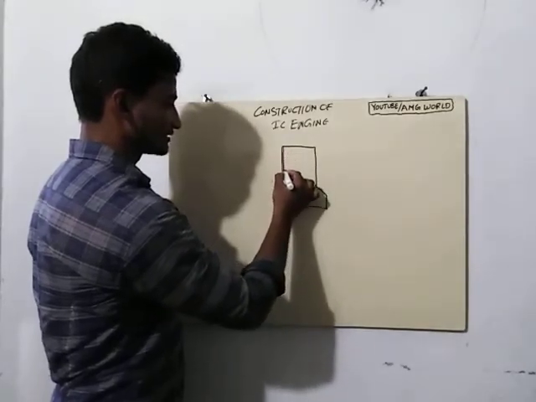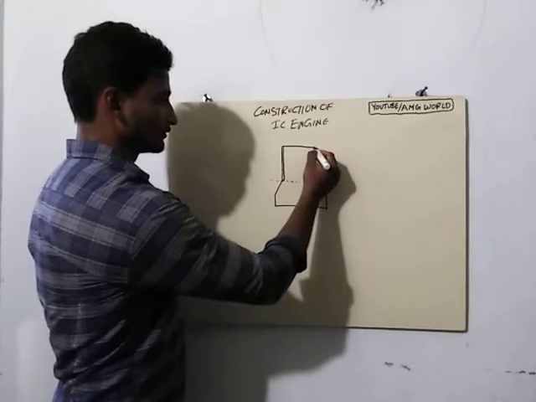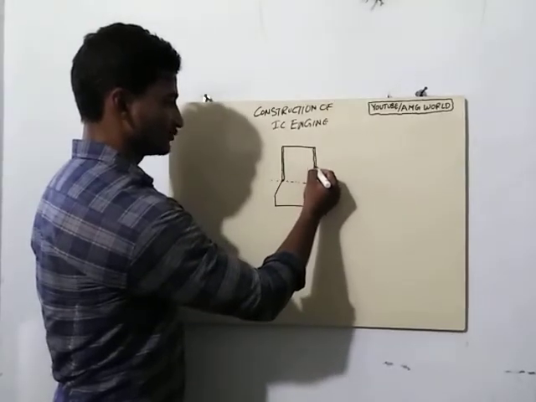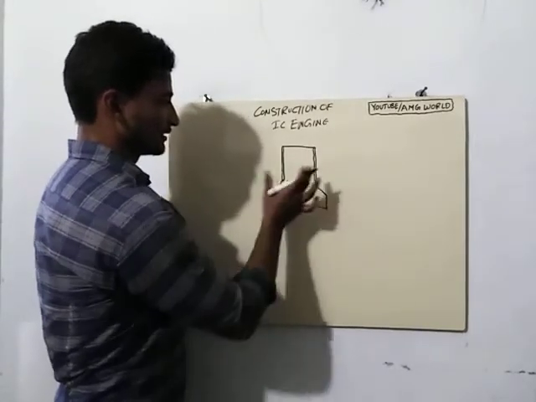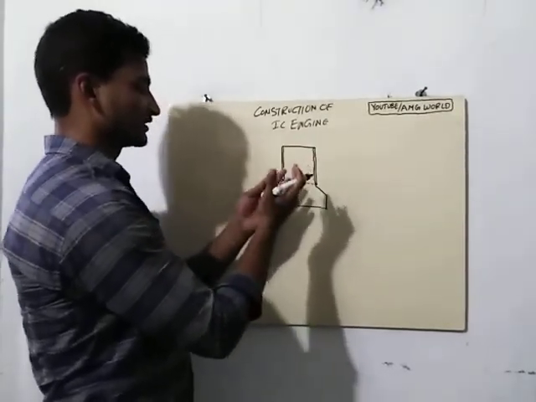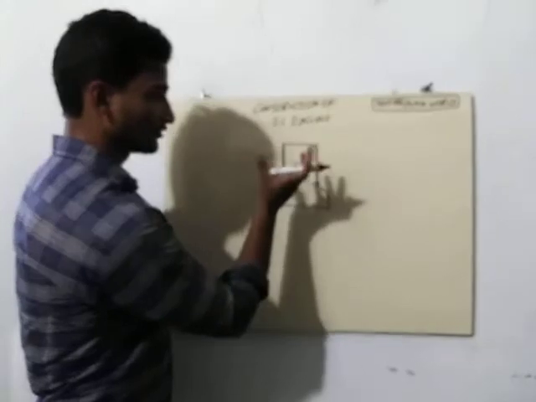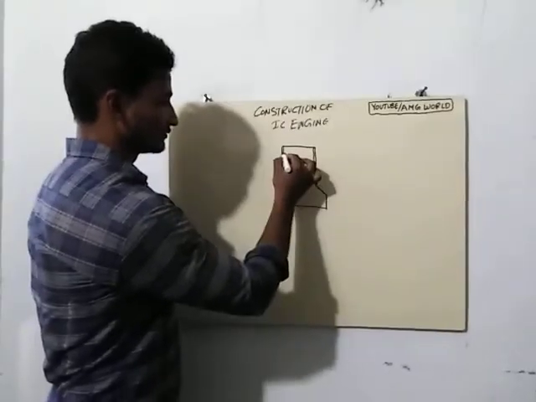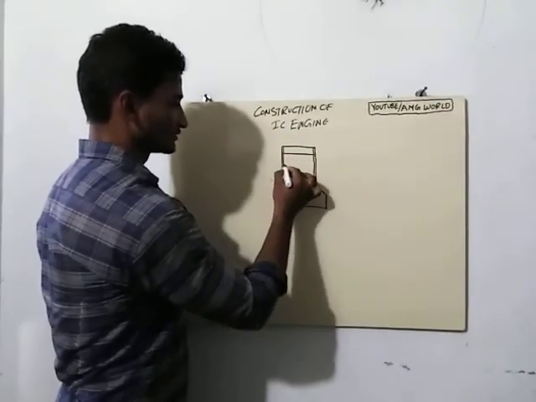Here in this block there will be a sleeve present, a cylindrical section, internally hollow, and in this hollow internal section the piston is going to reciprocate.